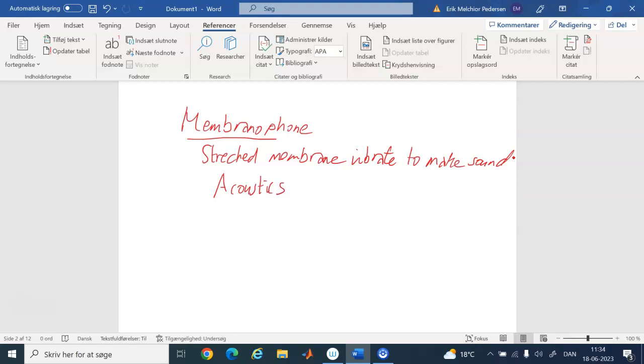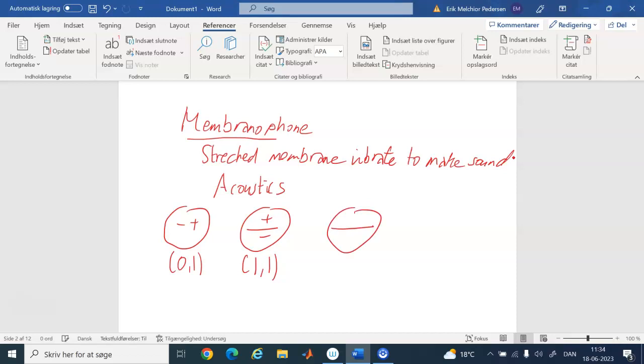The modes have two numbers, namely the number of diametric nodes and circular nodes. This is plus, minus; this is one circular; then we have one diametric; and then two diametric and one circular, plus, minus, plus, I think. It's 2.1, etc.